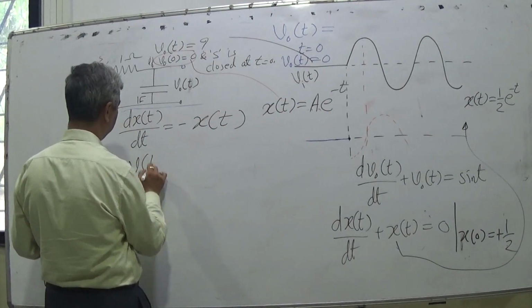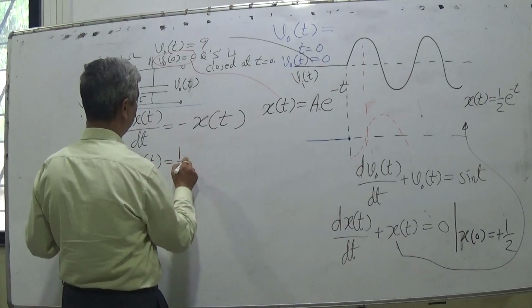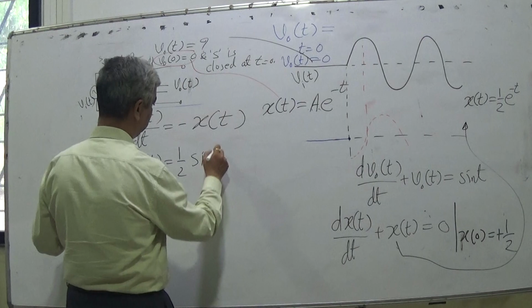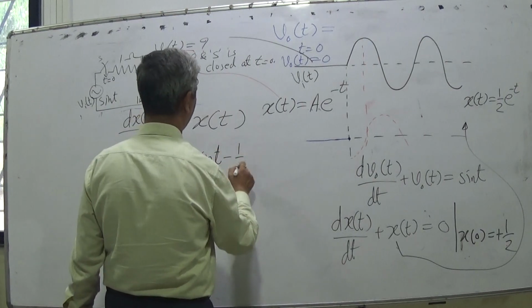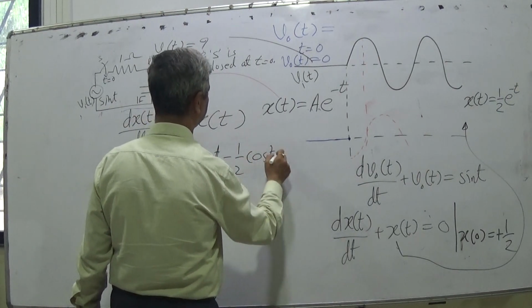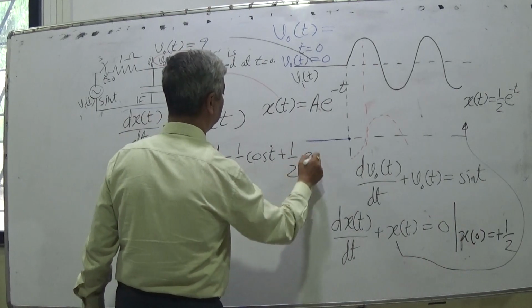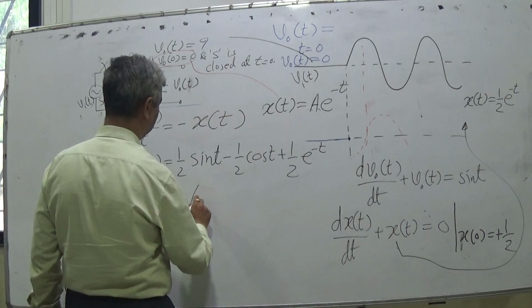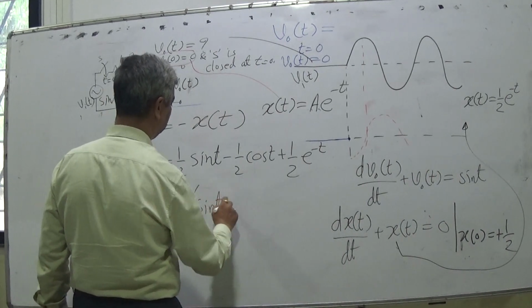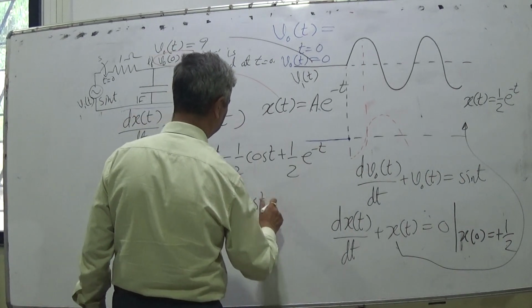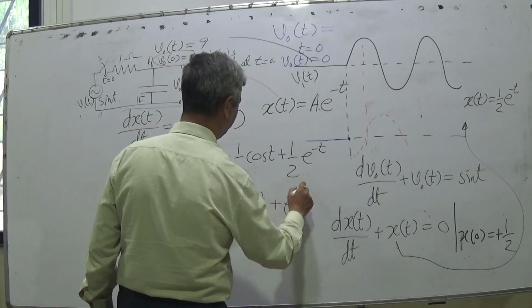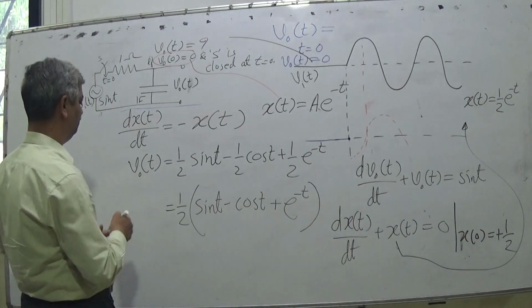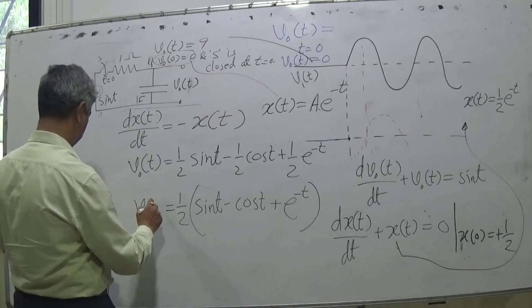V_o(t) is equal to half sin t minus half cos t plus half e raised to minus t, or if I put half into bracket, half of (sin t minus cos t plus e raised to minus t). This is the final answer.